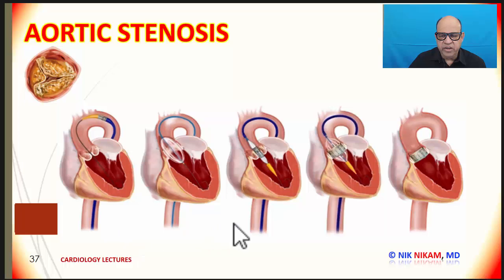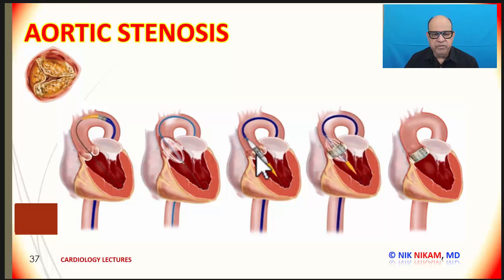Here are a series of diagrams showing how percutaneous aortic valve replacement is accomplished. First, a guide wire is passed through the aorta across the stenotic aortic valve into the left ventricular cavity. Through that, a balloon is placed at the aortic valve level and it is inflated.